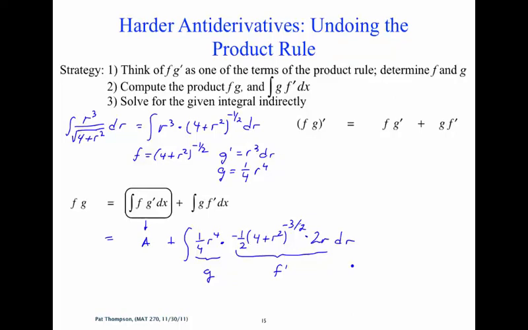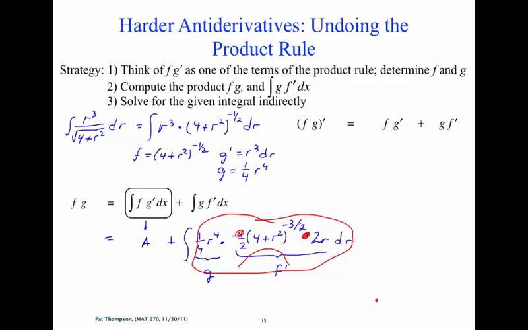Easy antiderivative? Undoing the chain rule? Does undoing the chain rule work? We've got r to the 5th, and then inside this composite function we have r squared. Doesn't work, right? So something's wrong. This isn't working. We need a new strategy, or a new way to approach this.